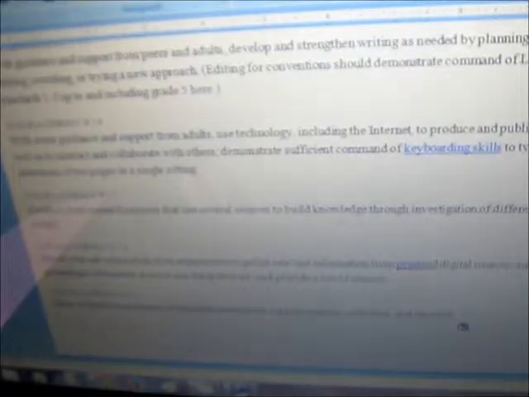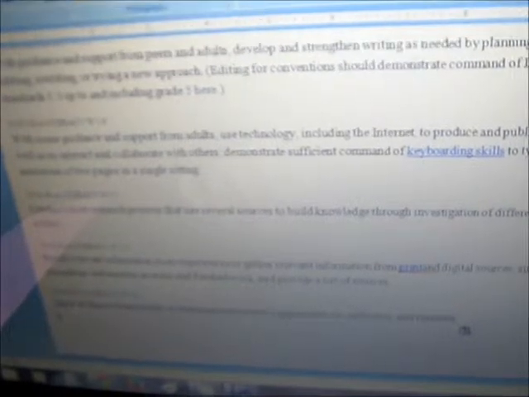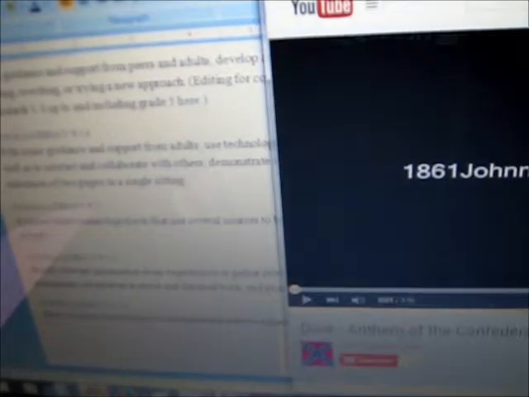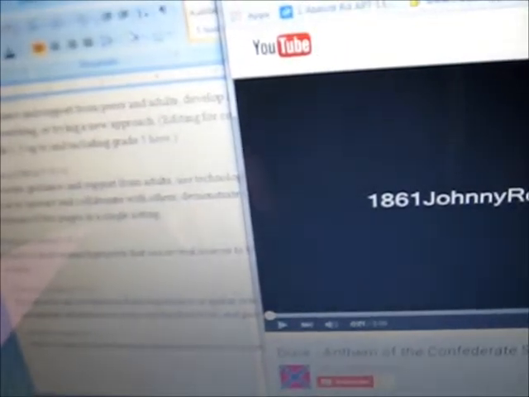To look these up, because I'm sure you can't read this, go to their website, which is corestandards.org/ELA-literacy, and then you'll look at your various grades and subject matters. This is the last one that I selected here. That's why it's in blue.